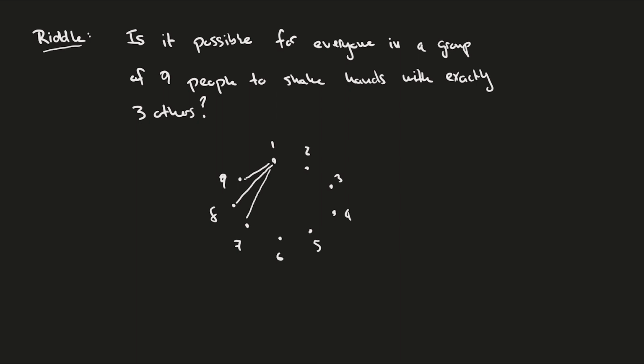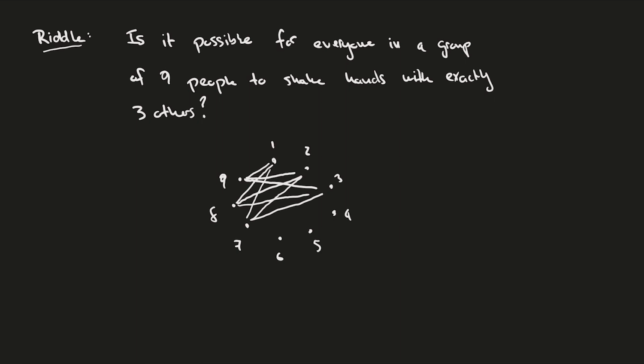We know that 9 still has 2 other people she needs to shake hands with. For example, 2 and 3. And then for 8, we can do the same thing. For 7, now 2 has the maximum amount of edges that it's allowed to have incident to it.